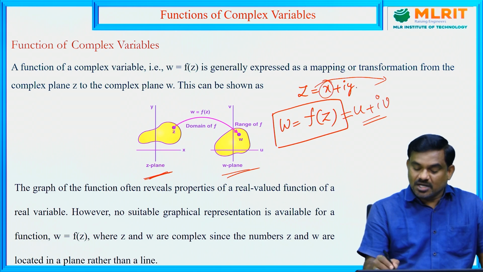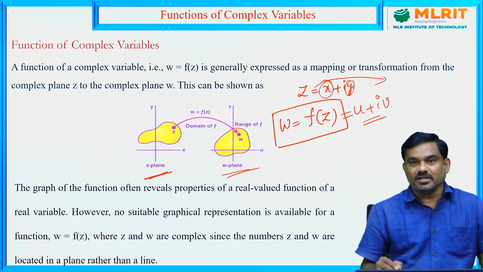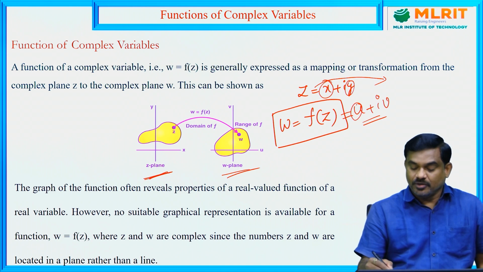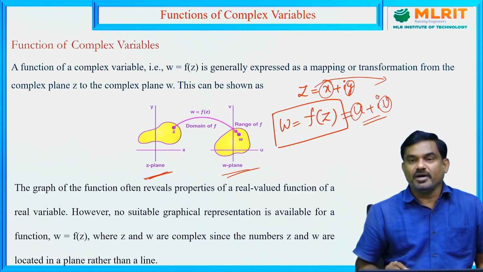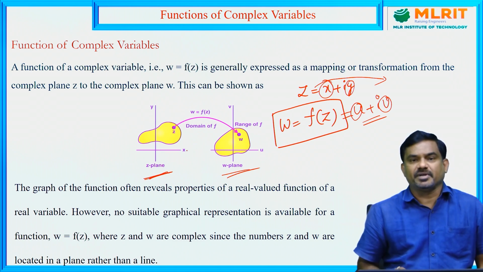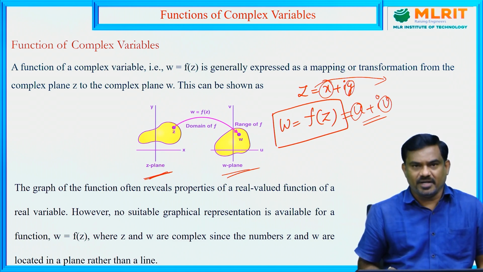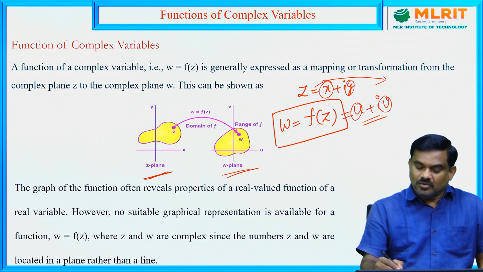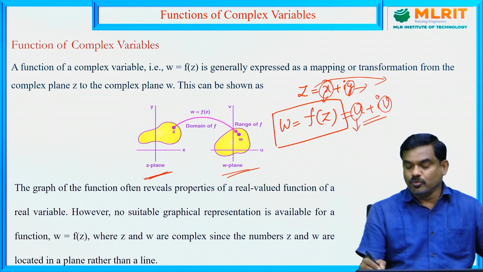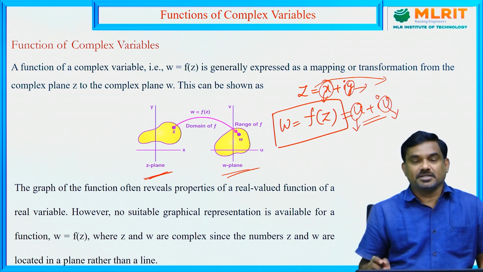In the original complex variable we have x and y, the real parts, whereas after transforming into the w plane, u plus iv, u and v are the real and imaginary parts. The graph of this function often reveals properties of real valued functions of a real variable, because the real variables x and y are transformed into u and v in the complex plane.